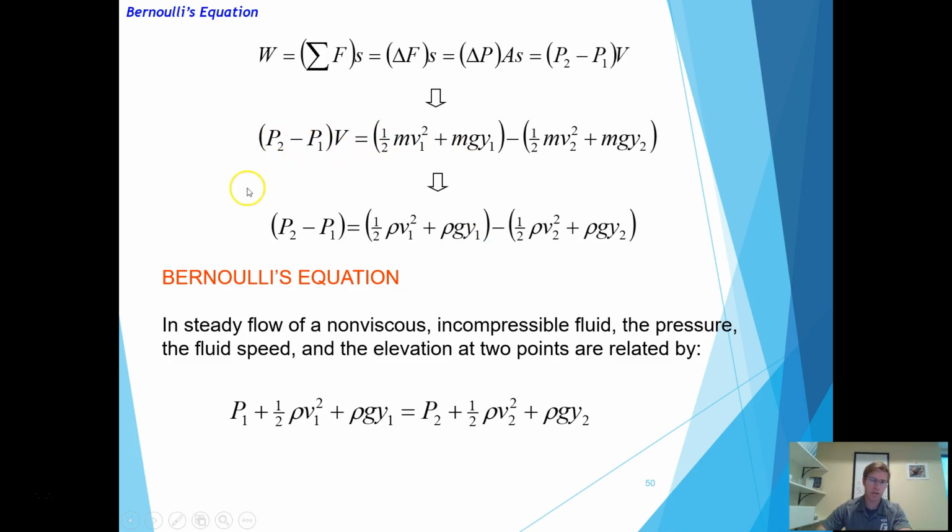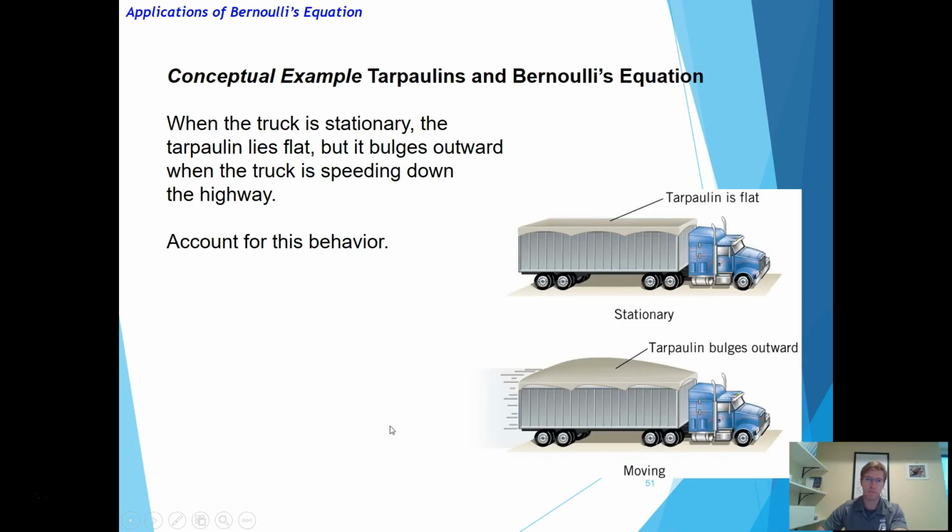So work divided by volume gives you pressure. And so then dividing all of your energy terms by volume gives you this new conception of energy per unit volume, which is known as Bernoulli's equation. So if you look at this, again, keep in mind, this looks just like our old energy equations, only now instead of work, we have pressure. So keep that in mind, right?